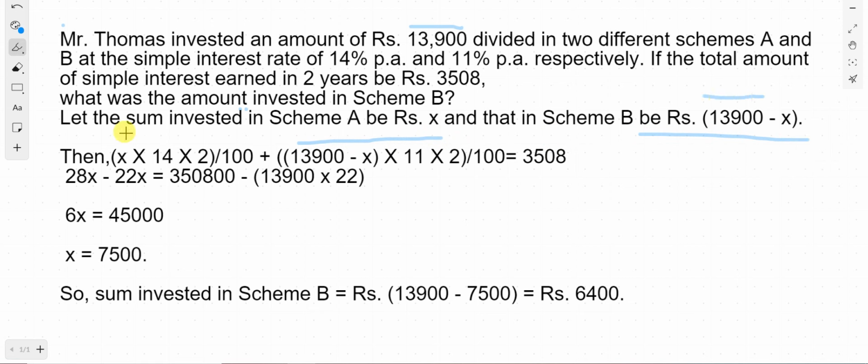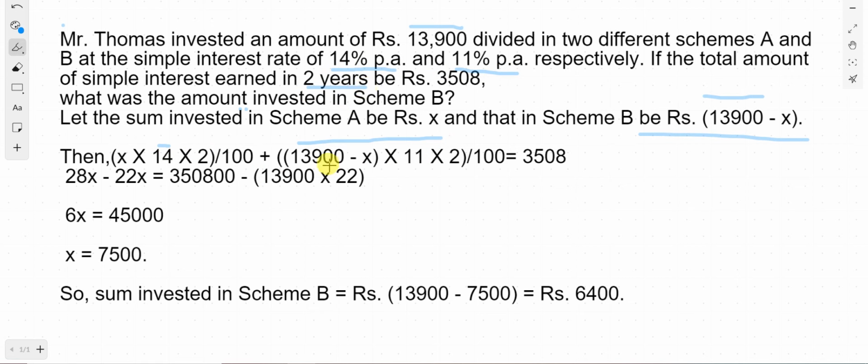Now we know the formula P into R into T. So P we have just assumed as x. Rate percent is given for scheme A as 14% and 11% for B. So 14, and we know that it is 2 years for both the schemes, so into 2 divided by 100.